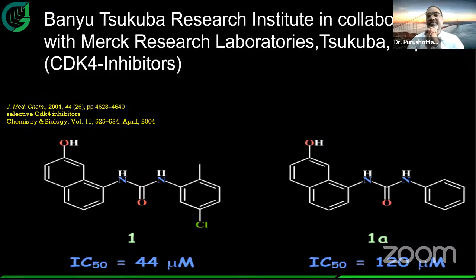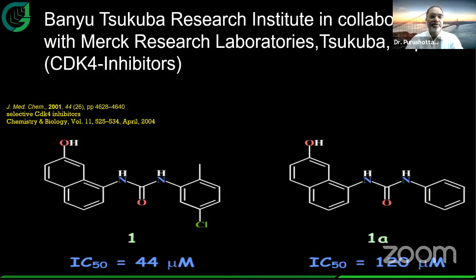This story comes from Merck Research Laboratory, Japan. This research was done before 2000. It was published in the Journal of Medicinal Chemistry in 2001, and the supporting information was published in Chemistry and Biology in 2004. I have given the references here.